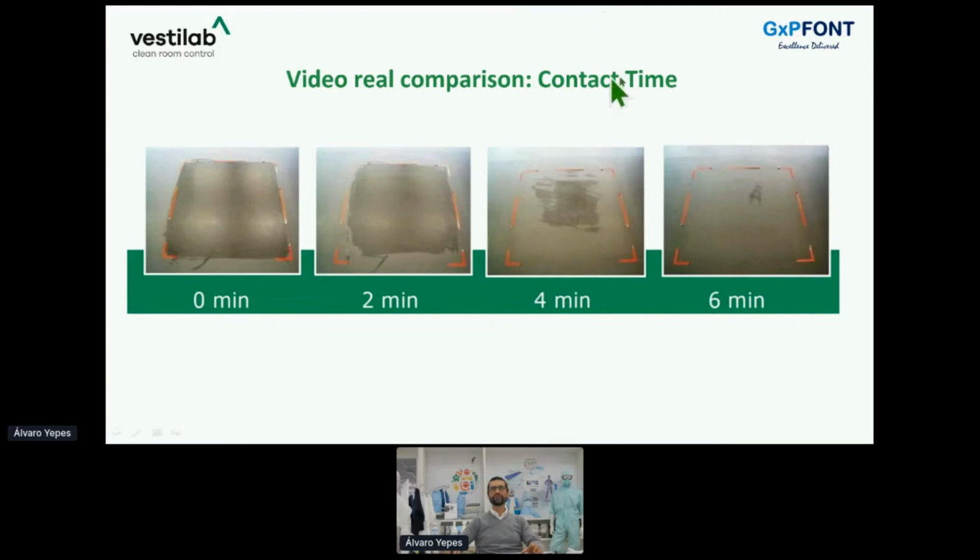So we will go now, for example, to the contact time. Your SOP has to be very clear for the operators to understand what is valid in terms of contact time. What should I be looking at on the surface to be a valid contact time? Is this, for example, the 4-minute slide valid as a part of the biocide action?